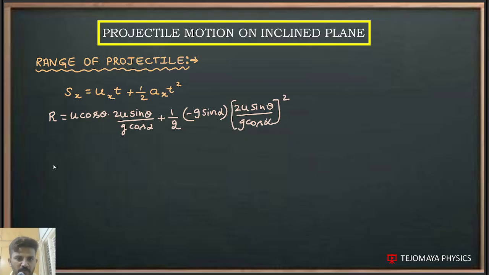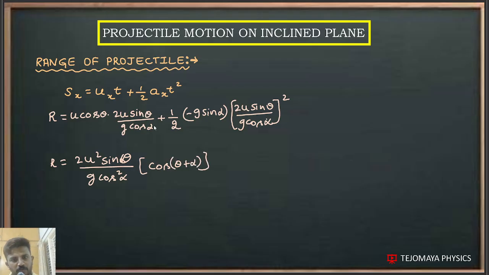So we just have to simplify this. Finally you will get, I will give the direct formula, that is 2u square sin theta divided by g cos square alpha, into cos theta plus alpha.